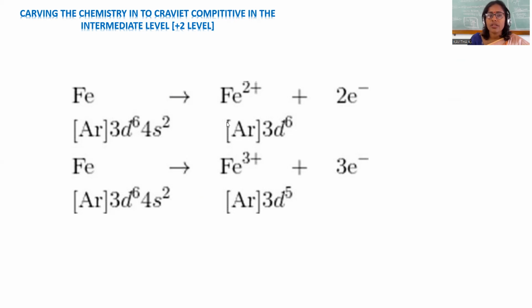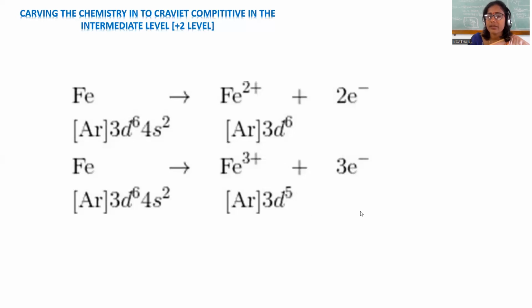When 2 electrons are removed from the 4s level, iron plus 2 has 3d6. To convert neutral iron into the plus 3 oxidation state by losing 3 electrons, 2 electrons are lost from 4s and 1 electron from the 3d orbital, and finally 3d5 is the configuration, right?